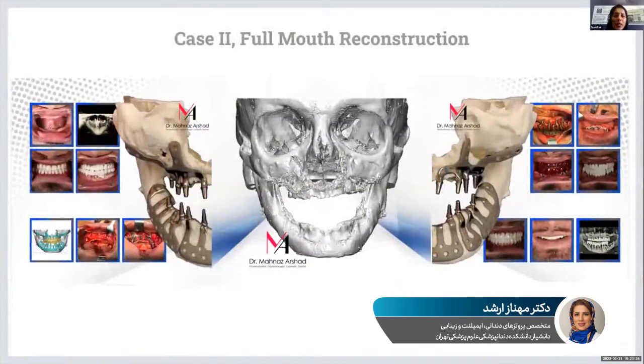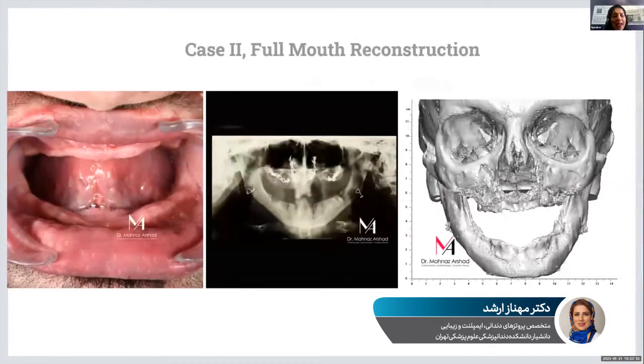This is another full mouth reconstruction case that you see. We have a fully edentulous patient with a very resorbed ridge. And the patient is so depressed because he was just 28 years old, and he wants to have aesthetics and also mastication.